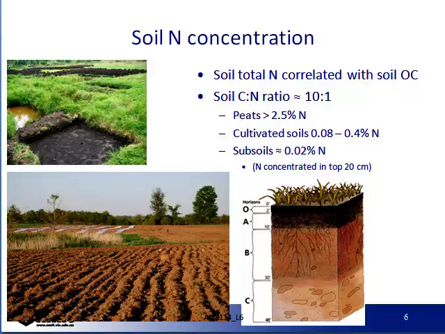For example, peat soils contain 2.5% or less of nitrogen. Cultivated soils, i.e. agricultural soils, tend to contain between 0.8 to 0.4% nitrogen, while subsoils contain approximately 0.02% nitrogen.